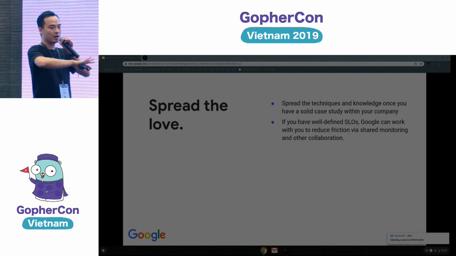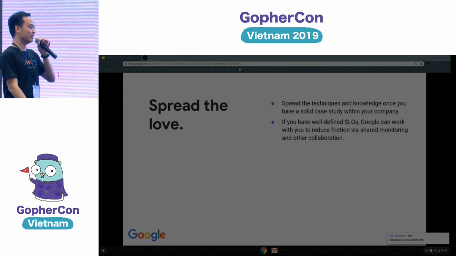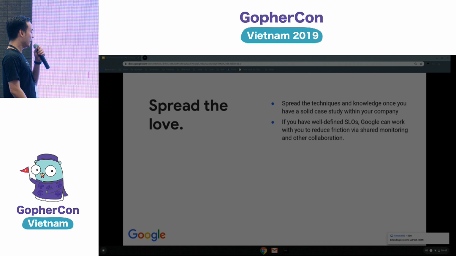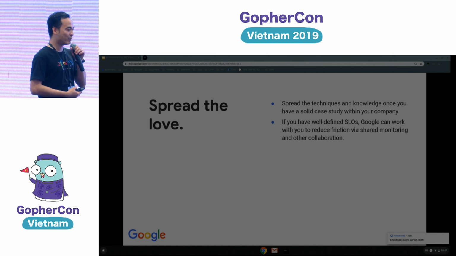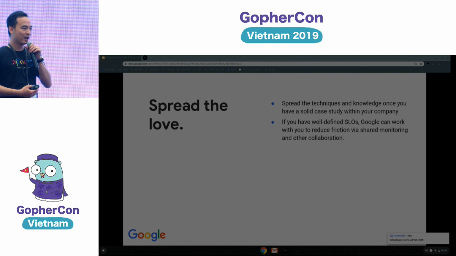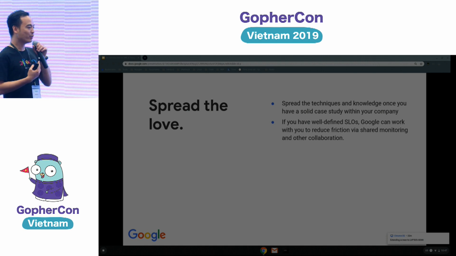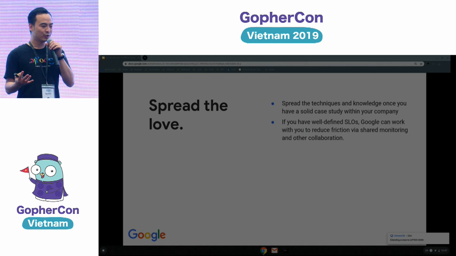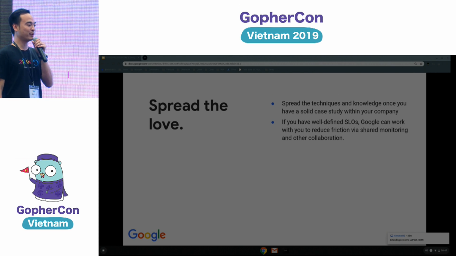So you will expand it to more services. And I'm sure that you will be loved for that. And also, if you have a well-defined SLO and well-defined process, we at Google will be very happy to work with you, to relieve the pains that you are experiencing.